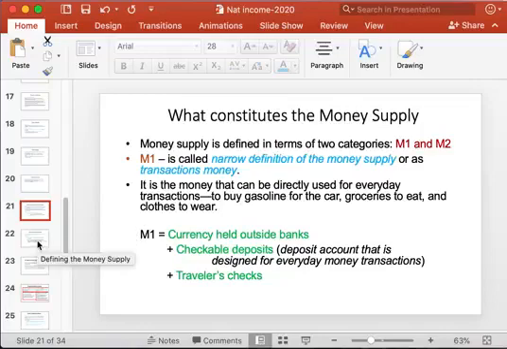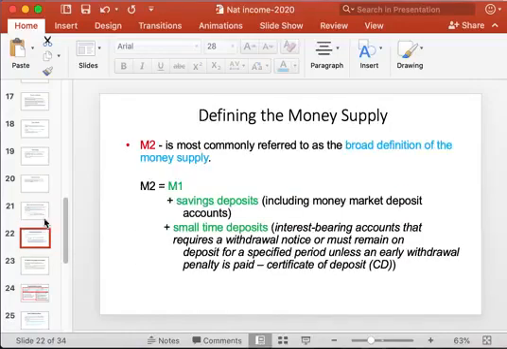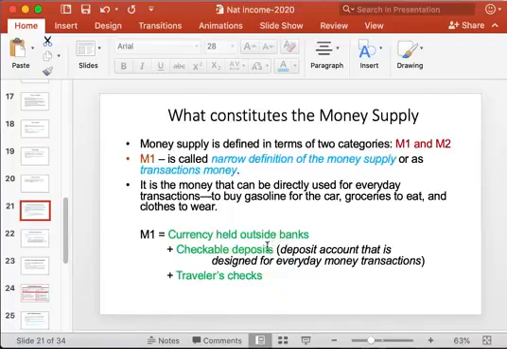Another difference of checkable deposit from savings deposit is that checkable deposits earn a lower interest rate, because the people who use this account withdraw money very frequently from the bank.